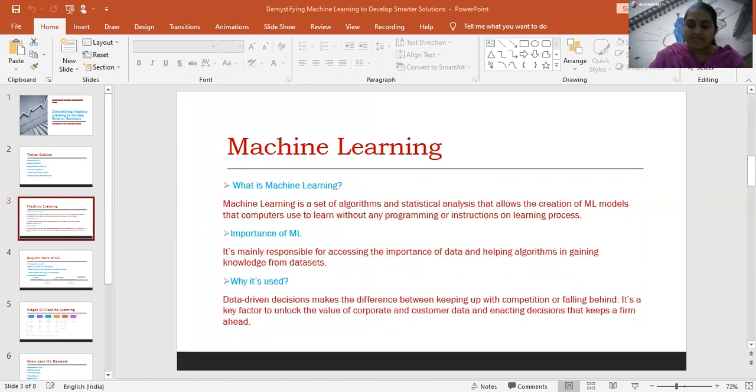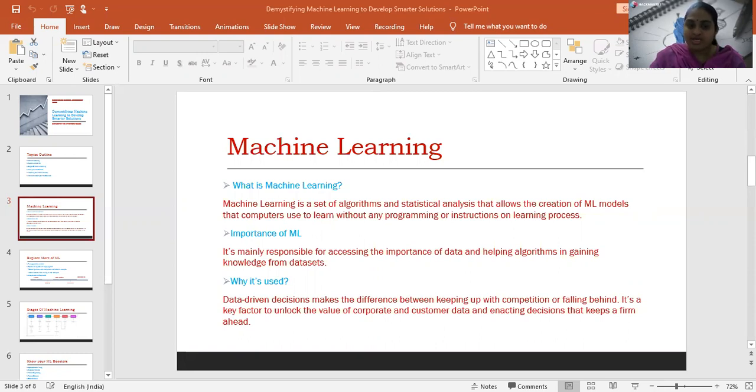Machine learning is a subset of artificial intelligence. Machine learning is a set of algorithms and statistical analysis that allows the creation of ML models that computers use to learn without any programming or instructions on the learning process.